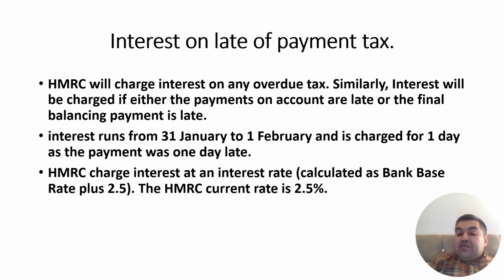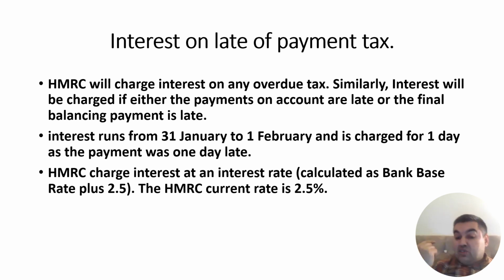Interest on the late payment of taxes. HMRC will charge you interest on any overdue taxes. Similarly, interest will be charged if either the payment on account is late or the final balancing payment is late. The interest runs from 31st of January to 1st of February and is charged for 1 day, as the payment was 1 day late.